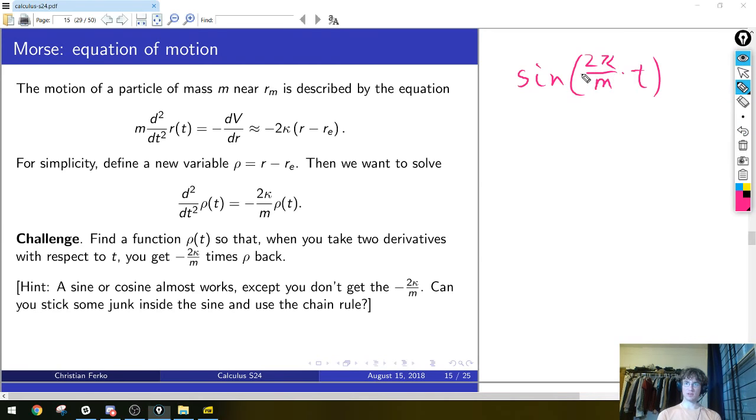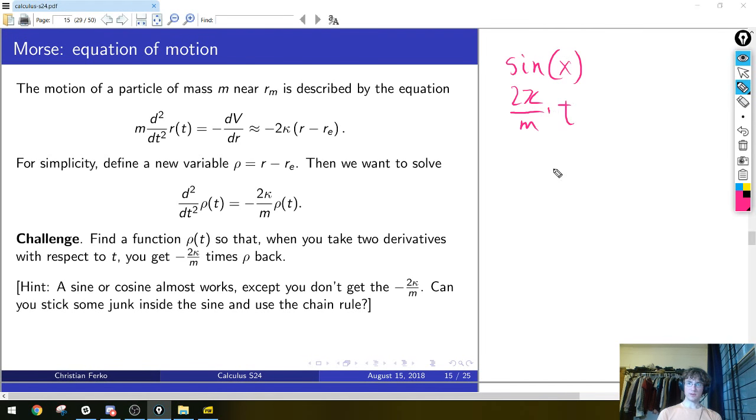This is almost right, but not quite right. What was your plan? Well, let's back up. You said use the chain rule, so we should take our first function as sine and our second function as 2 kappa over m. Maybe you meant 2 kappa over m times t and sine of x times the argument or something.